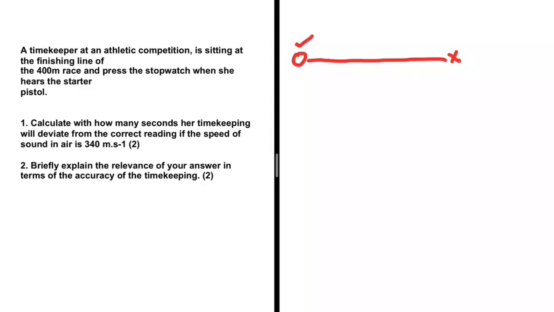We have the distance, 400 meters. We have the speed of sound in air, 340 meters per second. We are interested in the time. So what do we do with these variables? We know that the distance is equal to the speed multiplied by the time. If we want to find the time, we can just use this equation.